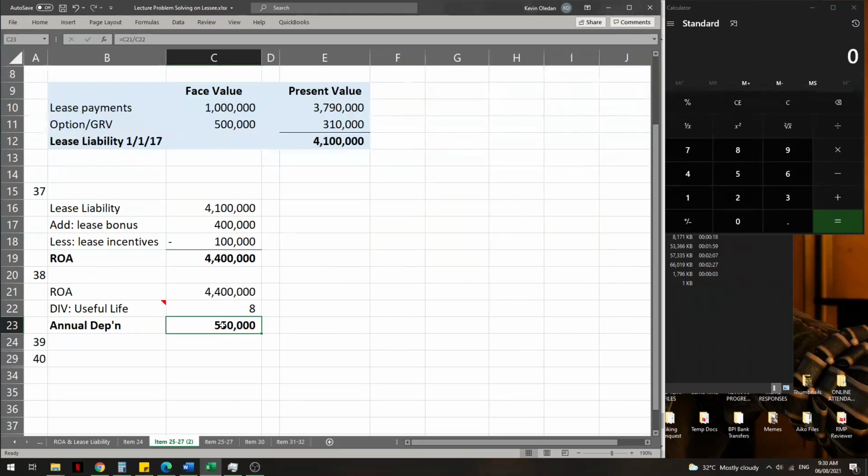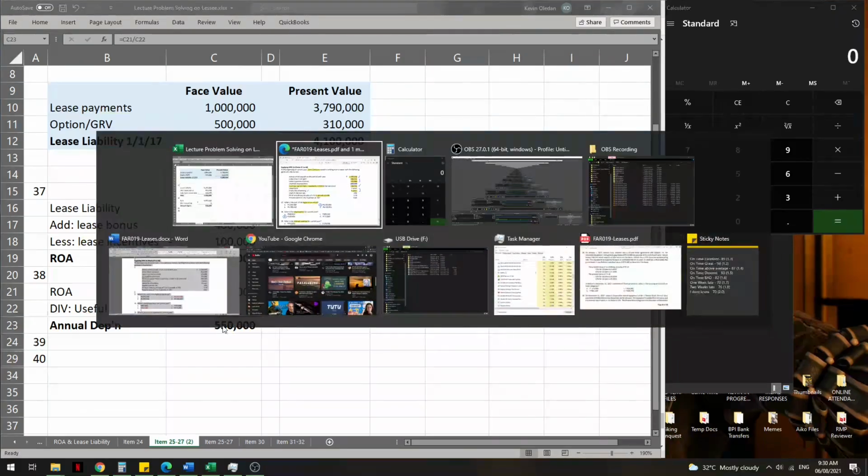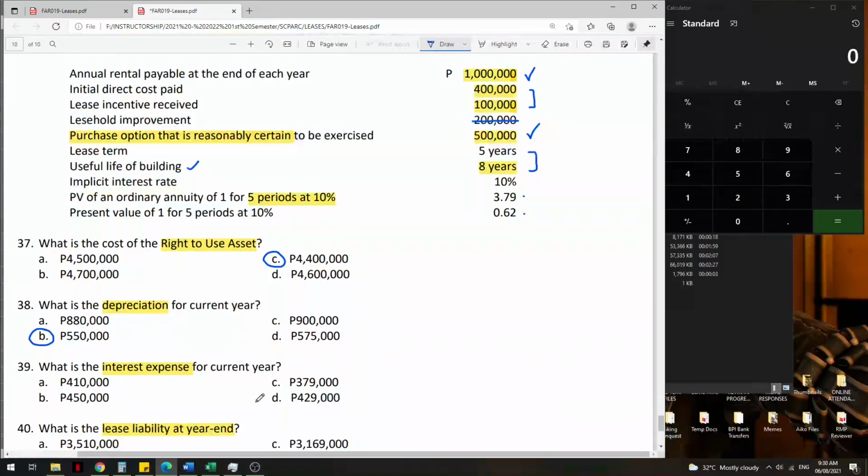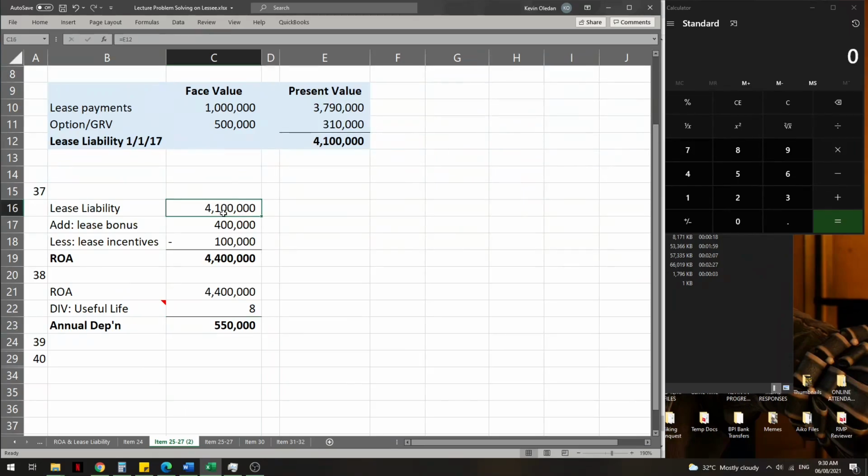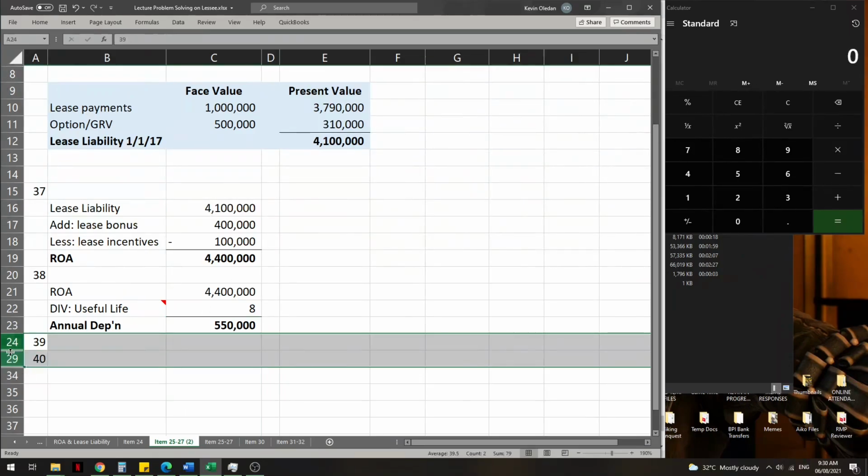Okay, eto na po. Number 39. Interest expense. Well, interest expense, since it is only for the current year, ang kailangan lang natin gawin dyan is we'll have to take the beginning balance of the lease liability and multiply it with the implicit rate of 10%. So, ito lang ang kailangan natin. 10% and the lease liability which we have already computed earlier.